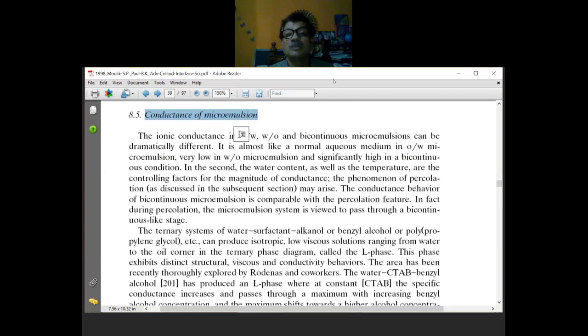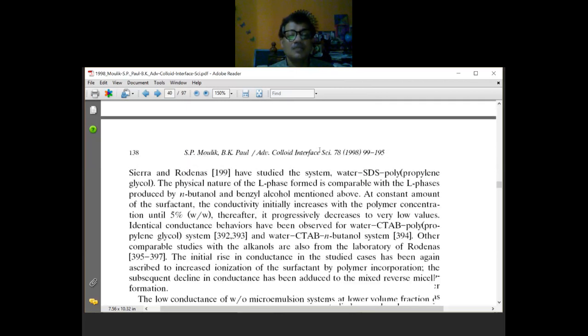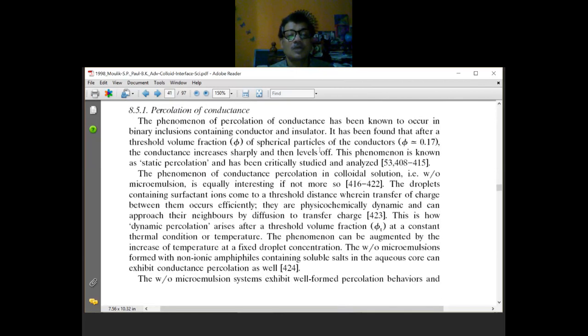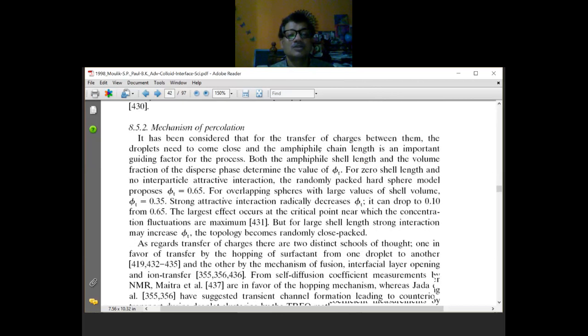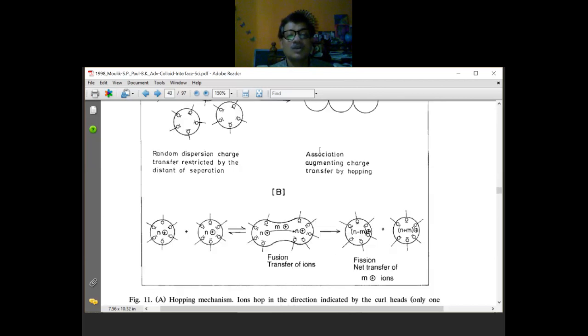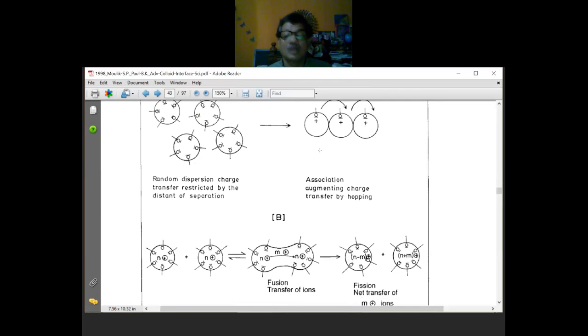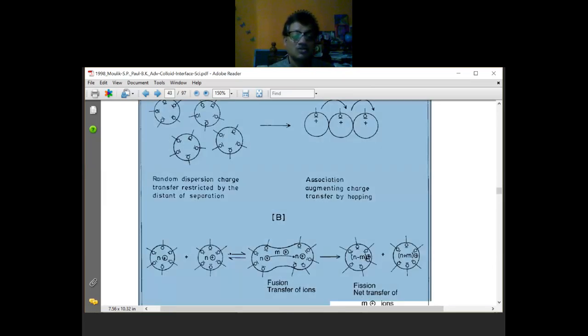Basically, microemulsion means water in oil microemulsion or oil in water microemulsion. So what happens with the percolation of electrical conductance, and what is the molecular mechanism? Two mechanisms are prevalent. One mechanism I have already explained. This is one water in oil microemulsion, this is another water in oil microemulsion.